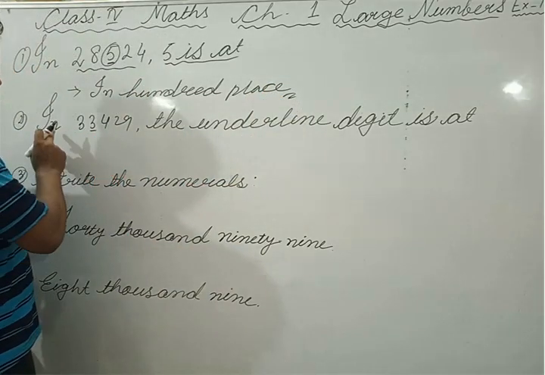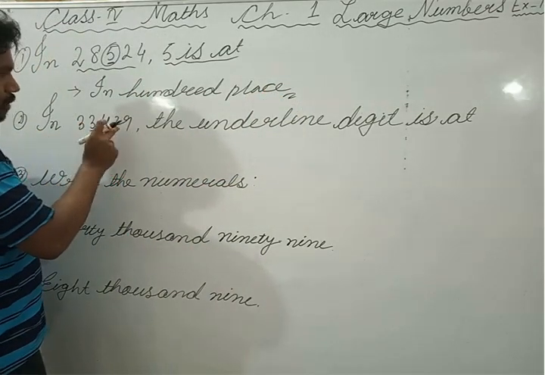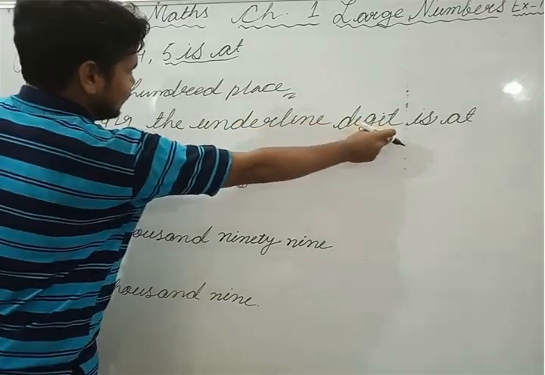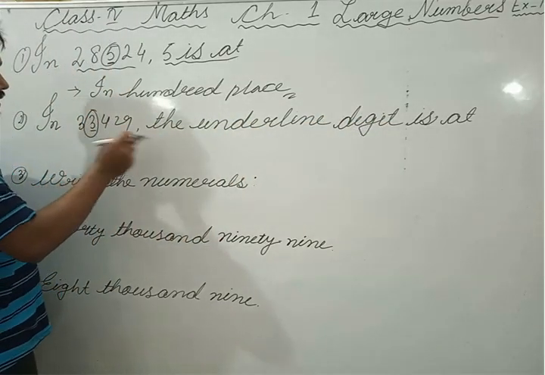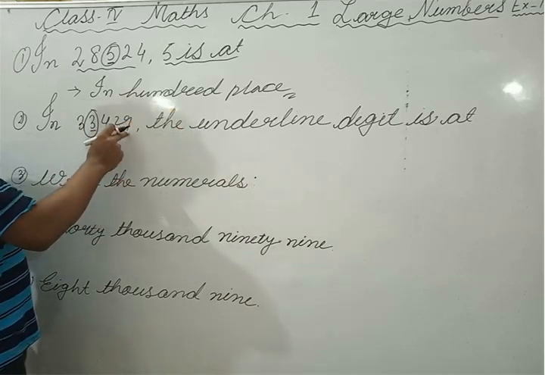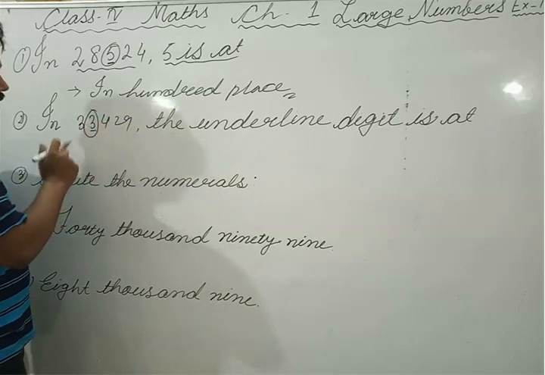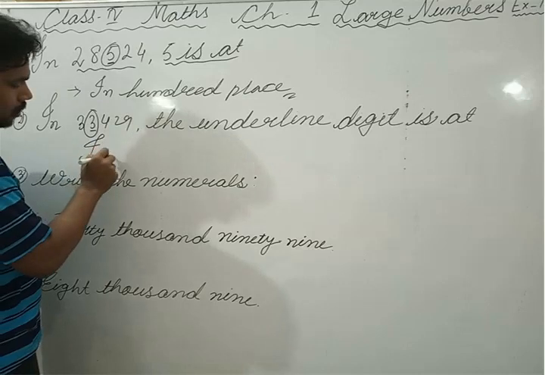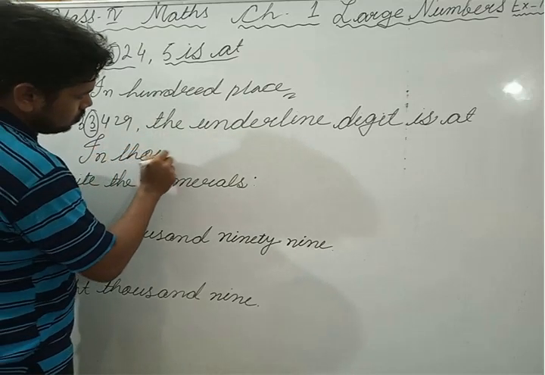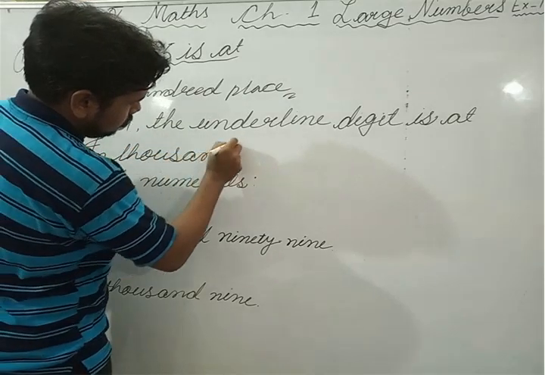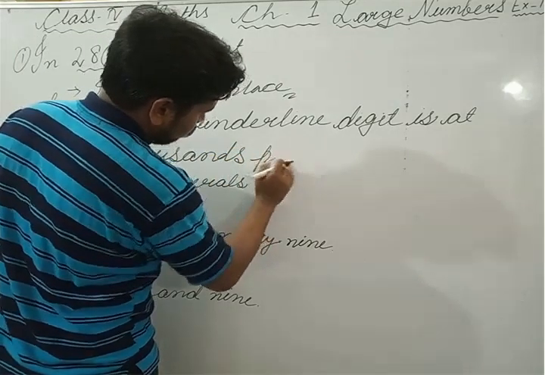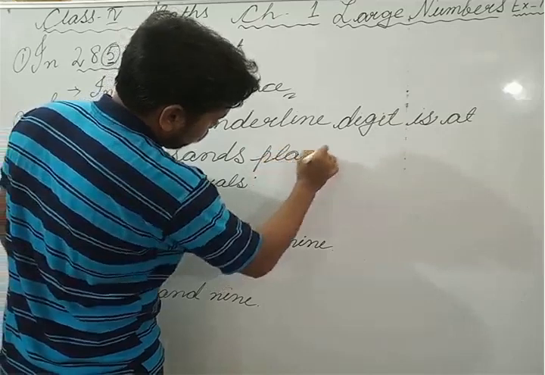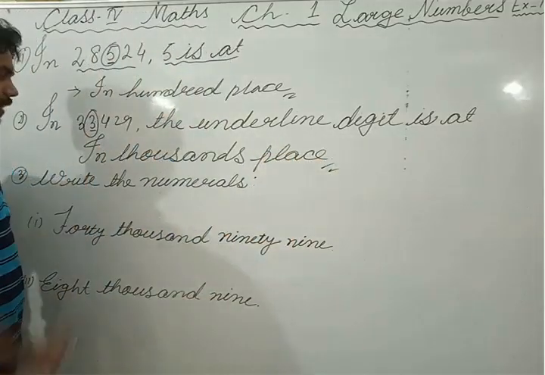Then next, we have the underlined digit. It is asking about this underlined digit: which place is it in? 1s, 10s, 100s, 1000s. So it is in the thousands place.